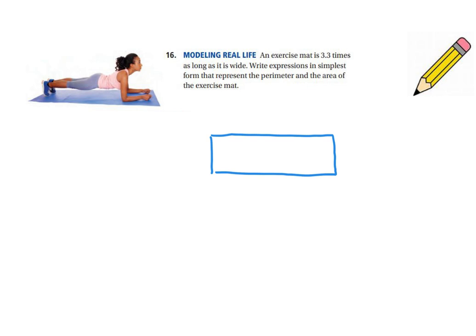So let's say here's the width. And so then instead of writing the length, we're going to say that that is 3.3 times W.